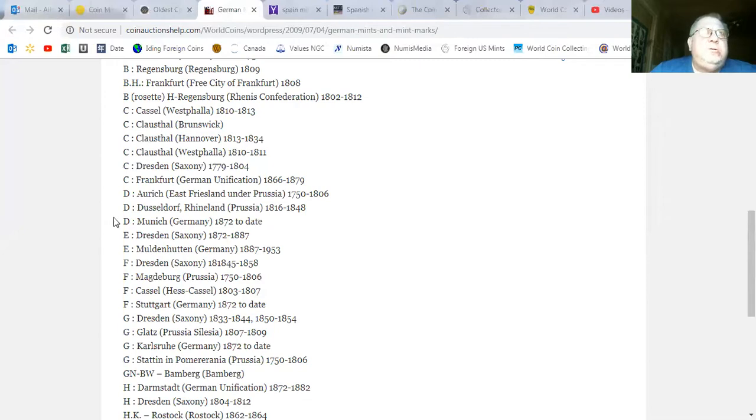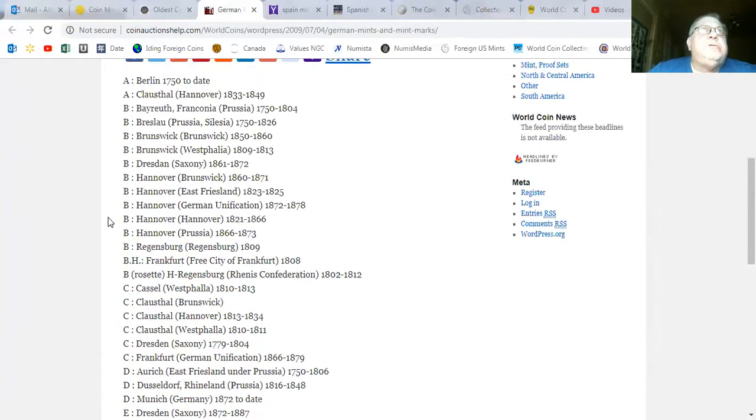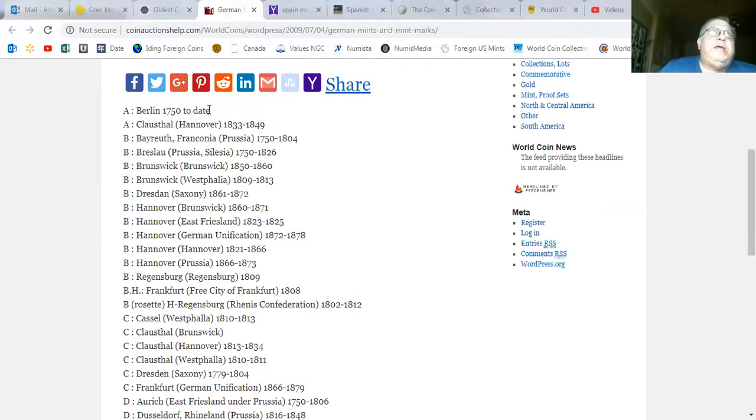Munich, Germany. The other one is Berlin. Yeah, see up here. A is Berlin. Berlin might be our Philadelphia, where we make tons and tons of coins. So even though you may have the coin, it's kind of like the type 1, type 2, type 3s. Well, these are type 1, type 2, type 3 by mint marks made by those specific countries.